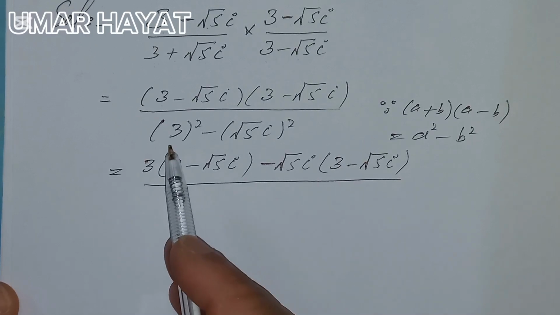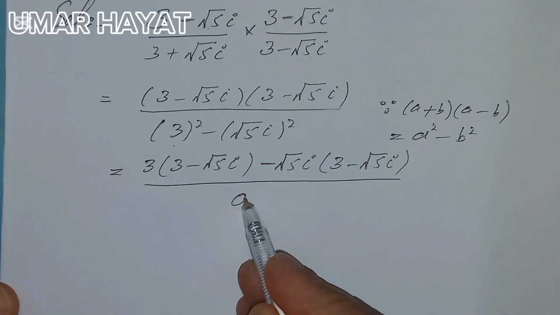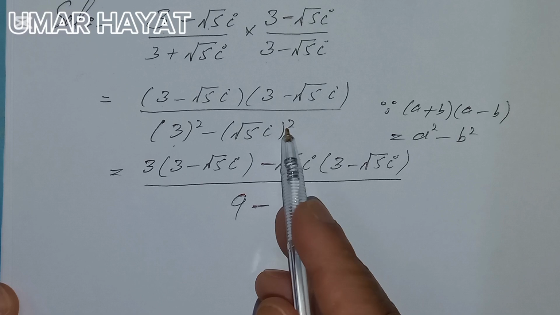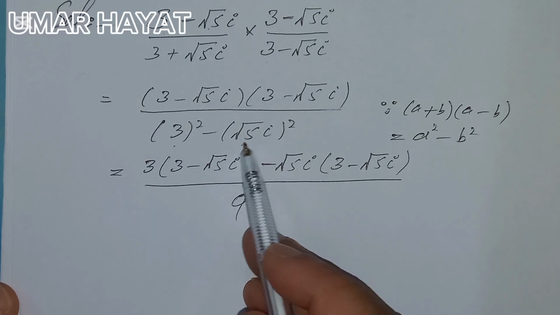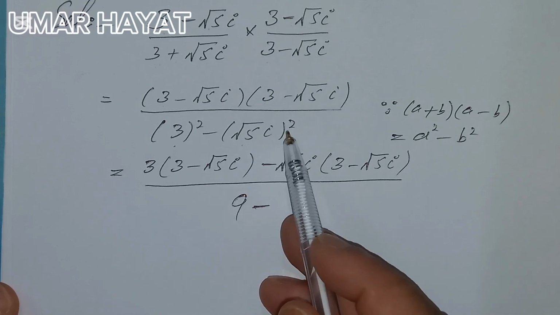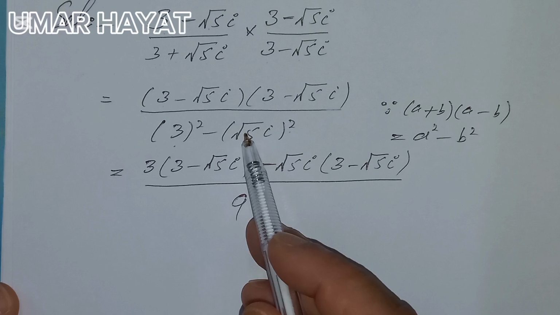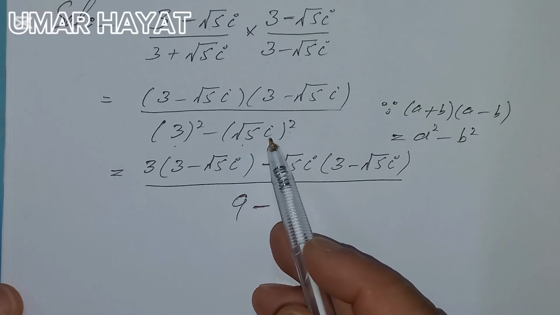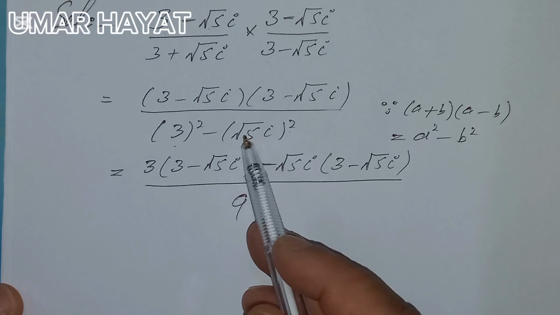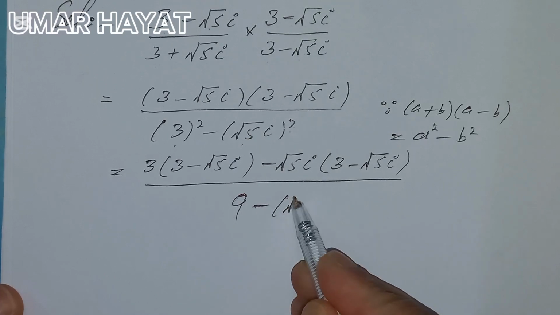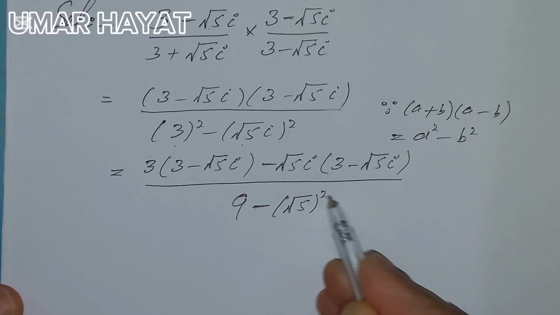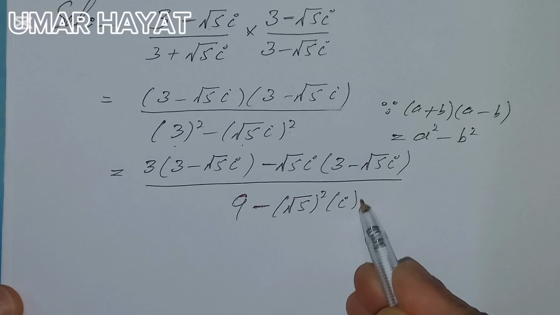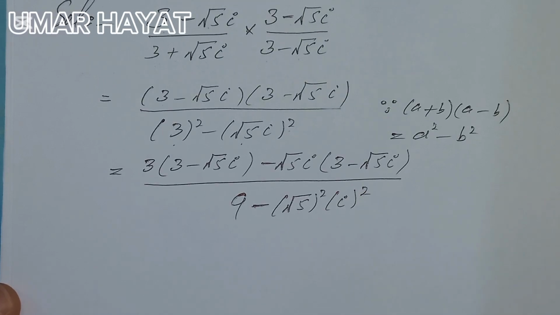In denominator 3 square is 9, and here the square is of square root 5 and iota. If we cancel this 2 with this square root sign, this is our mistake because we did not take the square of iota. For this purpose we can write under root 5 whole square separate and iota square separate.